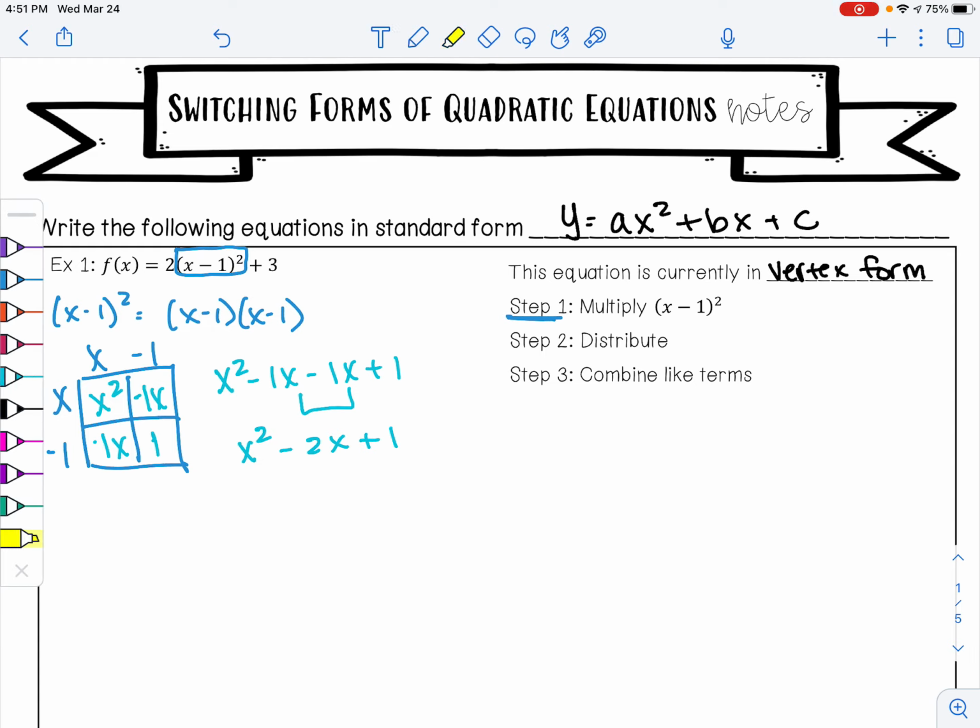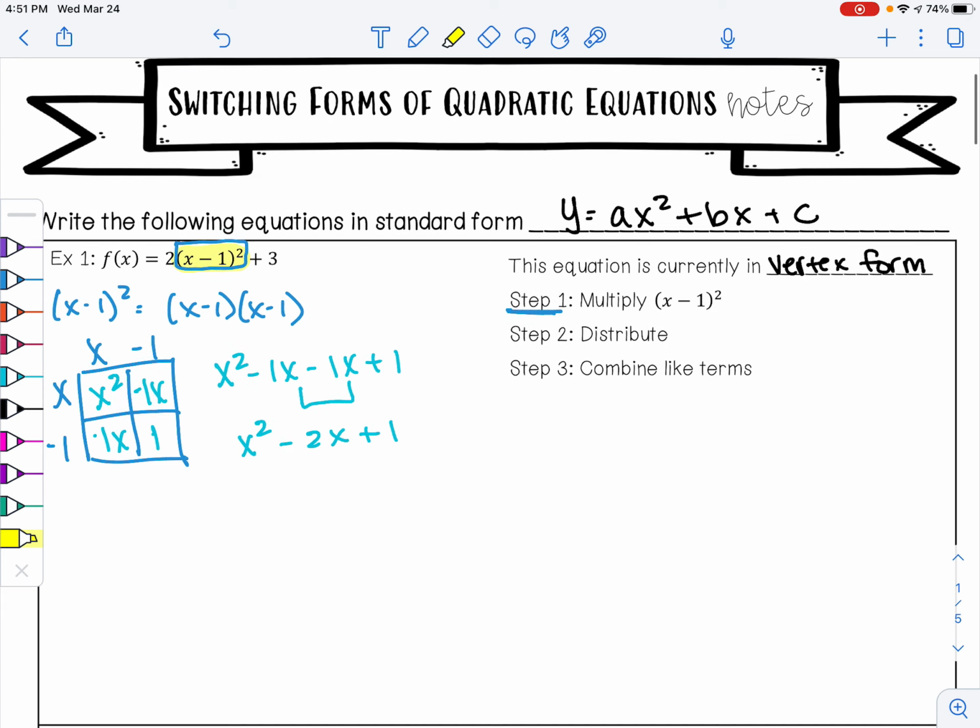So what we have just done is we've multiplied x minus 1 squared. And when we did that, we got x squared minus 2x plus 1. So I'm just going to go ahead and replace x minus 1 squared in this equation with x squared minus 2x plus 1.